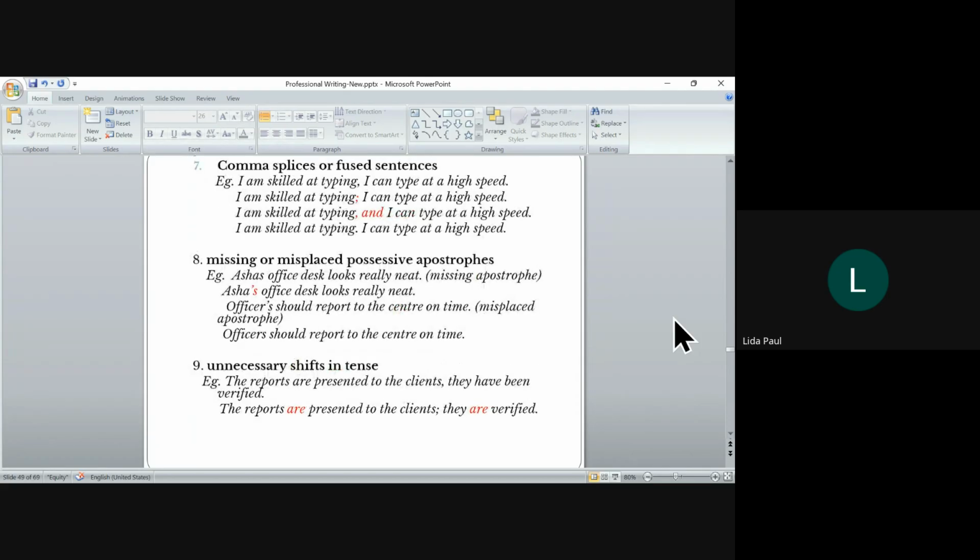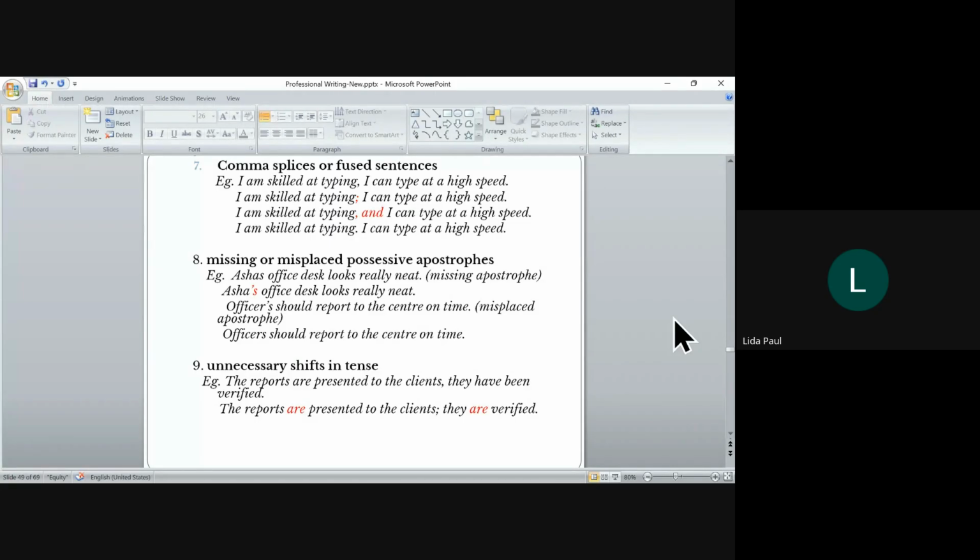Then comma splices or fused sentences. Now, this is a case where you have two sentences, okay, which we are trying to put together. But remember, when you are joining two independent sentences in English, there are at least three conventions, one of which you need to follow in order to write it properly.